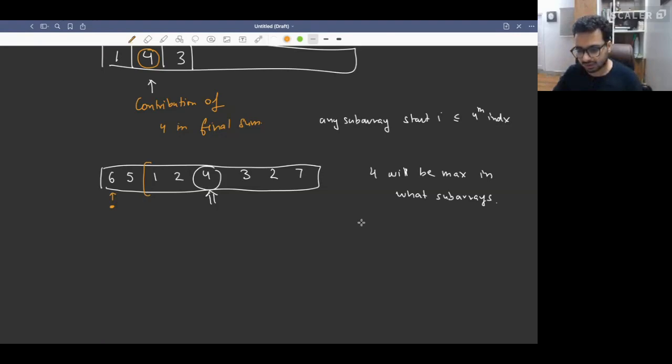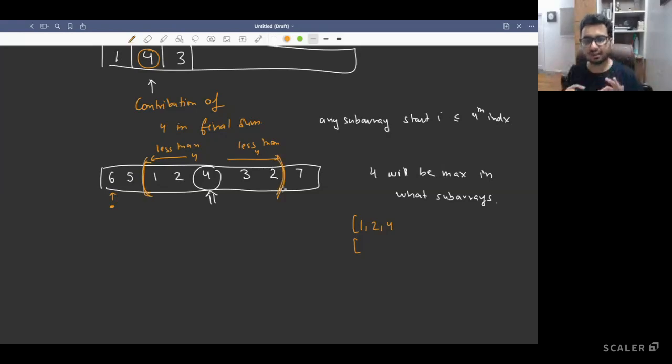Anything that is starting from 1 and ends either at 4 or after 4. Yes or no? For example, 1 to 4, because all these elements are less than 4, right? Okay, and maybe up to this point I can take. They are also less than 4. So effectively, I'm getting a window from here till here, right?